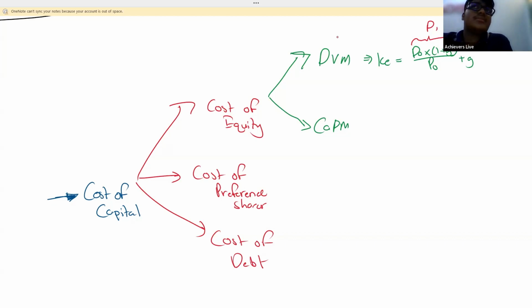If the question is giving the year one dividend, certain students will go and do the calculation, taking D1 as D0. Remember the logic: we are doing this D0 into (1 plus g) to get D1, year one dividend, not today's dividend. We want next year's dividend. That's why we are doing this adjustment. So you have to remember that adjustment. Always we are trying to calculate year one dividend, next year's dividend.